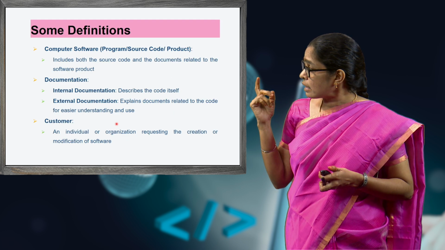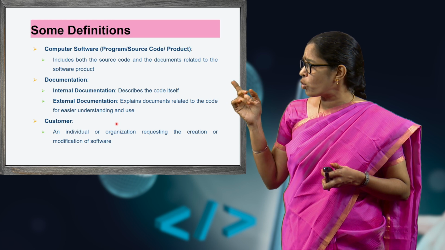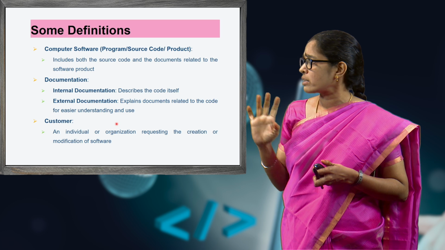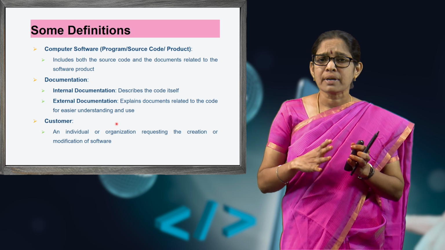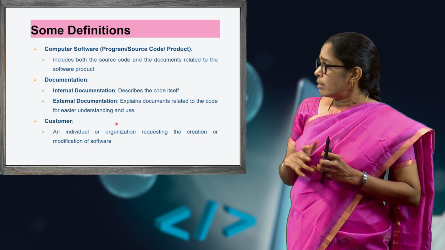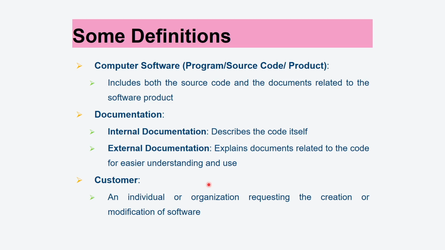Then next, computer software. We may also call it program or source code or product. It includes both the source code as well as the documents related to the software product. Then next one is documentation. Documentation describes external and internal structure of the software product.